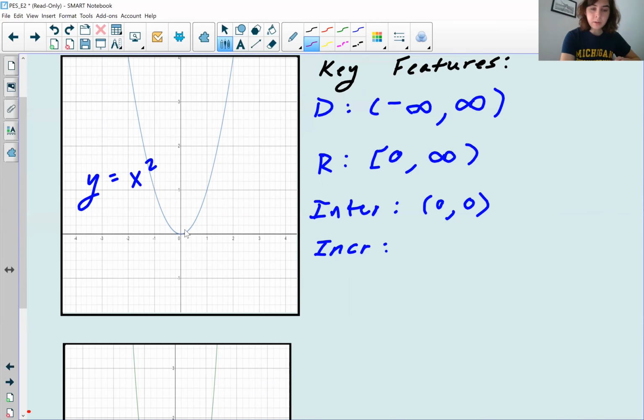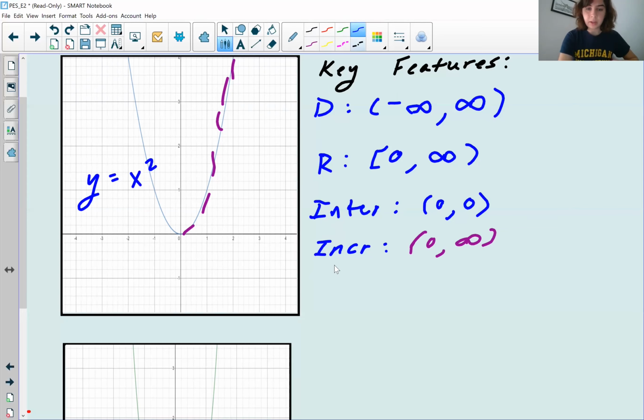If we go from 0 to infinity, what I like to do is draw little lines along the graph to kind of represent the slope. So I'm representing my slope here. Oh, those are funky. Oh well. Okay, so those are some positive slopes from 0 to infinity. So that is where the function is increasing.